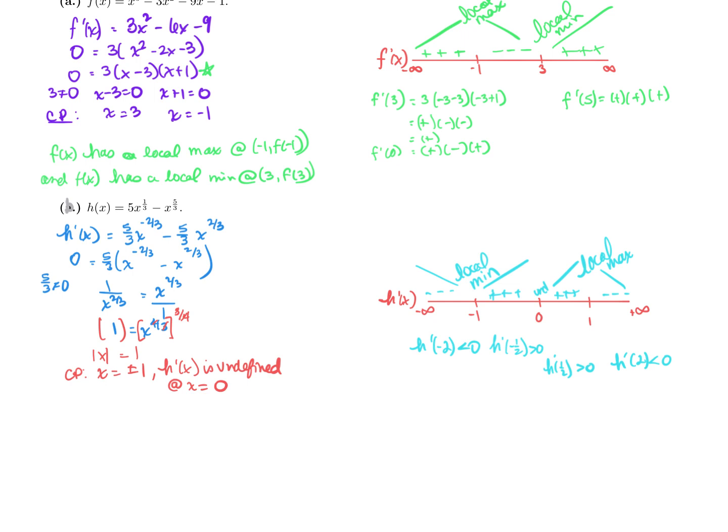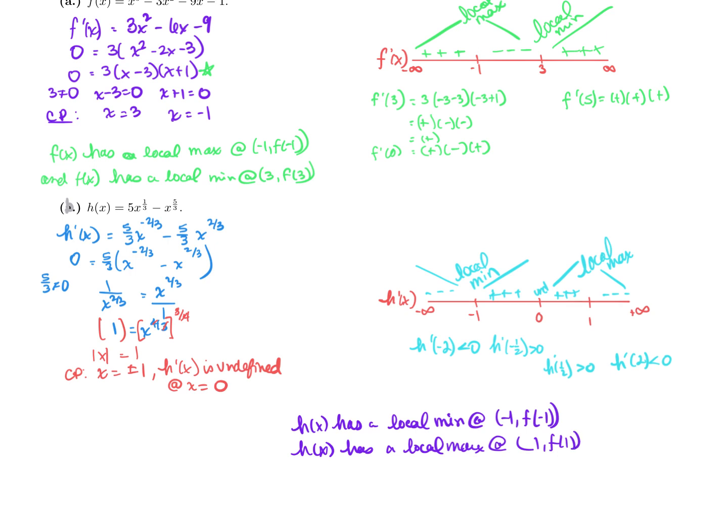So we'll organize our thoughts down here. We'll say that h of x has a local min at -1, f of -1. H of x has a local max at, well, we said that was at 1, f of 1.